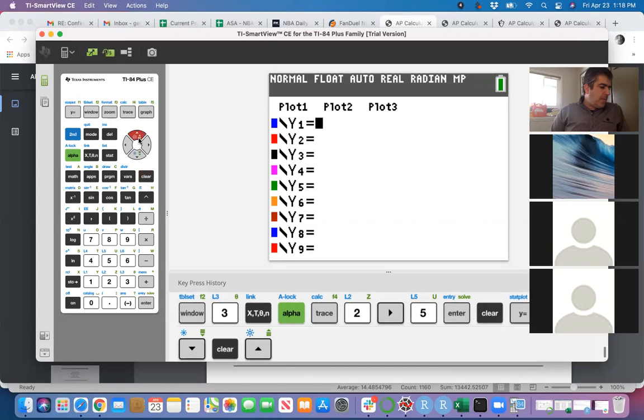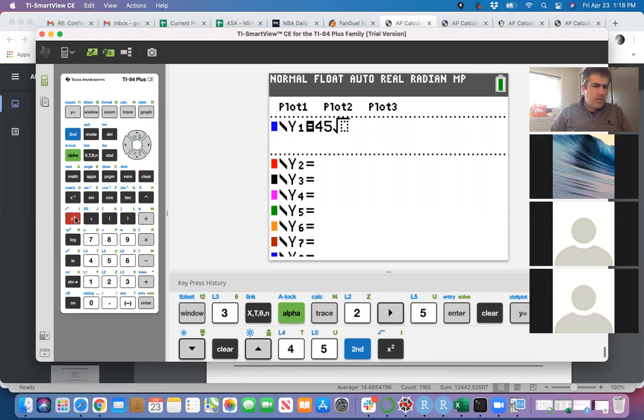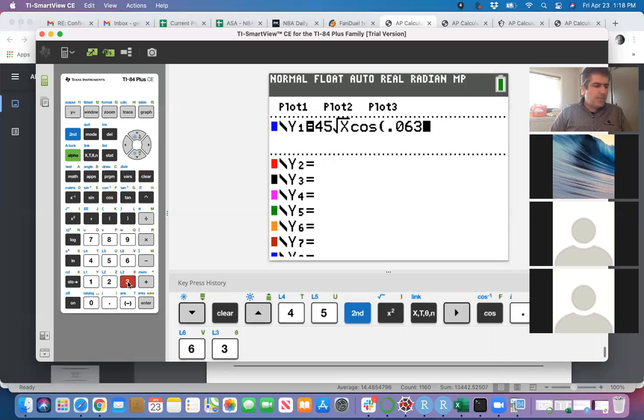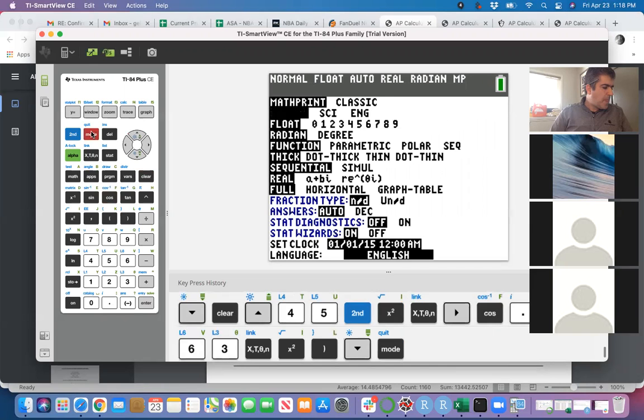So 45 root x cosine 0.063 x squared. God, they would give some really nasty numbers there. Make sure your mode is radian. And you're going from 0 to 4.